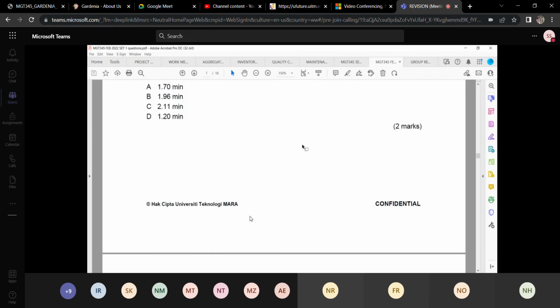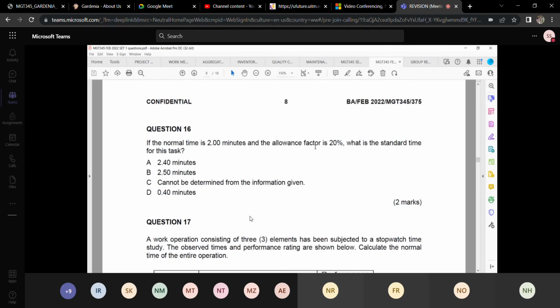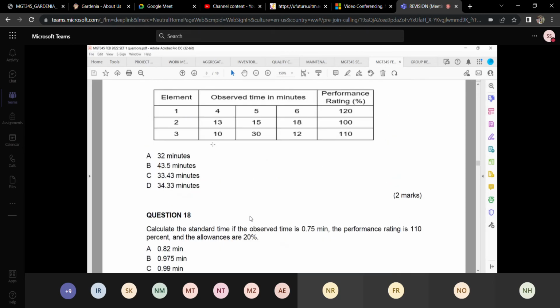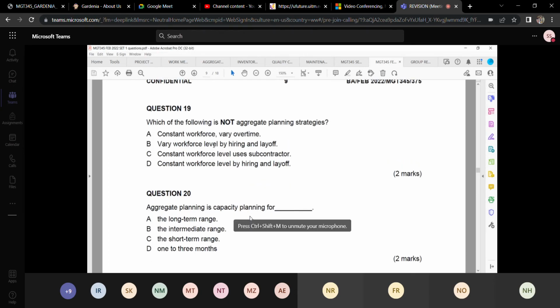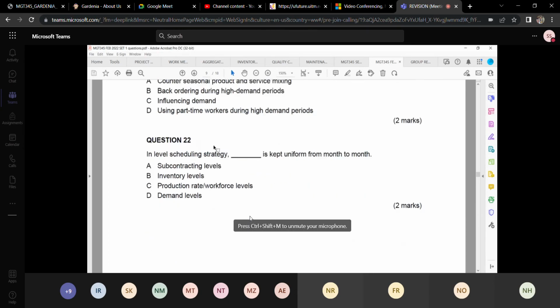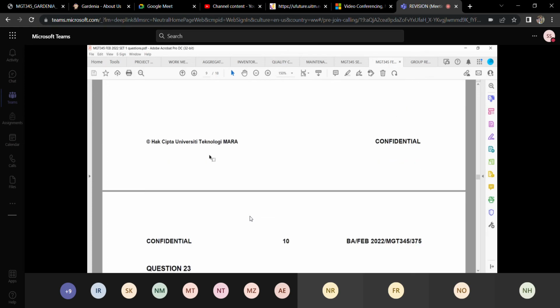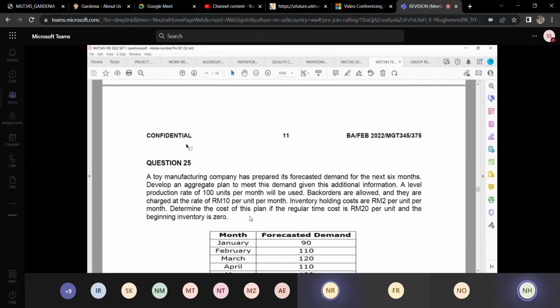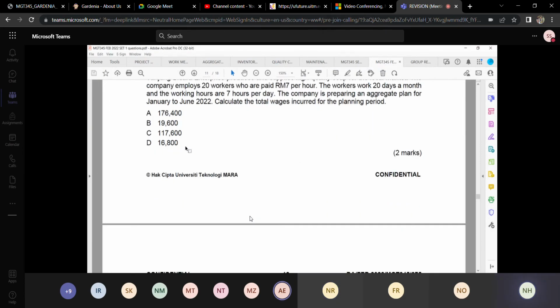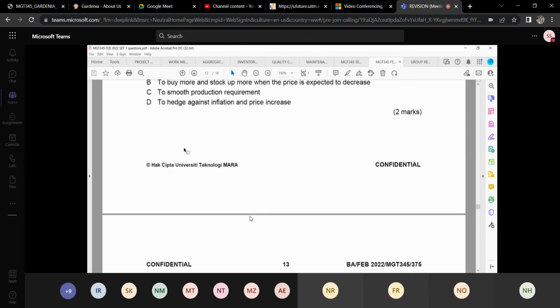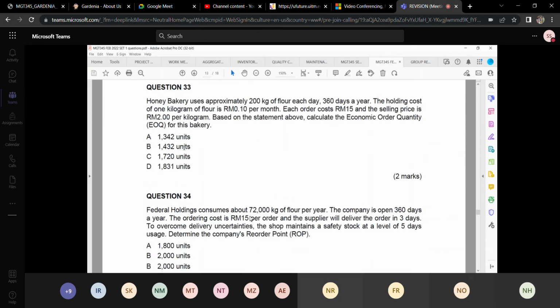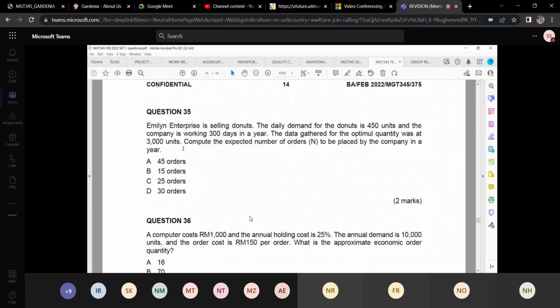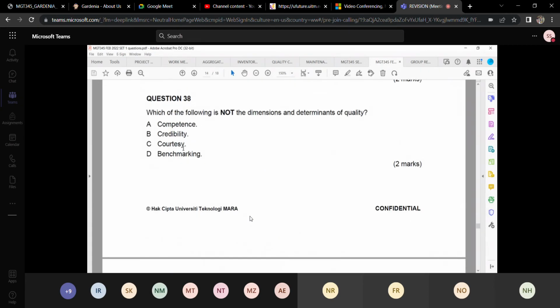This one is work measurement. Tengok ni ada lagi dimensions and determinants of quality.